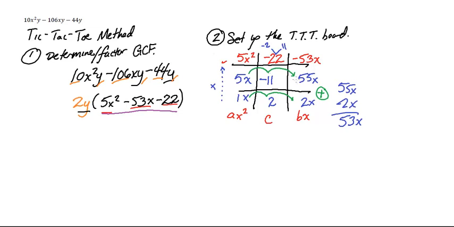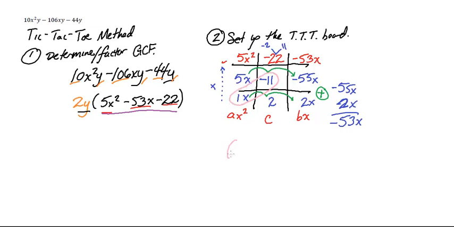So now this becomes negative 55x, this becomes 2x, and now I get negative 53x, there we go. Now, this is the part that gets a little weird, as if it hasn't been weird enough. Now I go across the diagonals, rather.